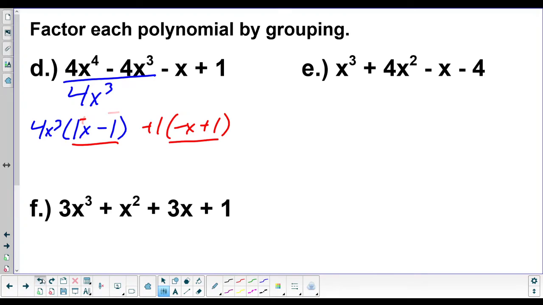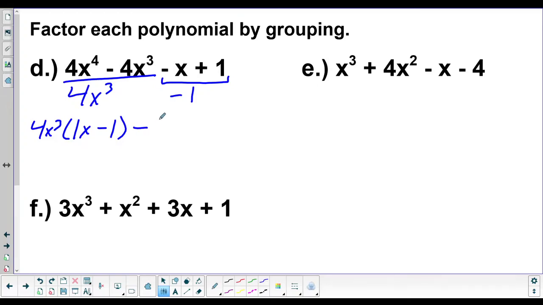So the way we get the signs to match, now you're going to pick up your pencil again, and you're going to follow along because I'm going to do it correctly. We recognize that this is going to have the wrong signs, so we need to take out a negative to switch them so that it will match with this when we're done. So we're going to divide by a negative 1.